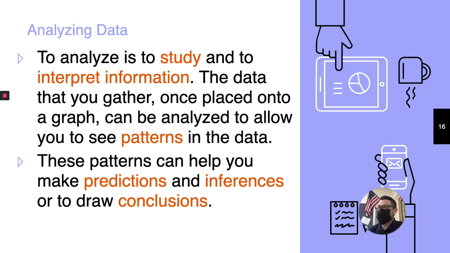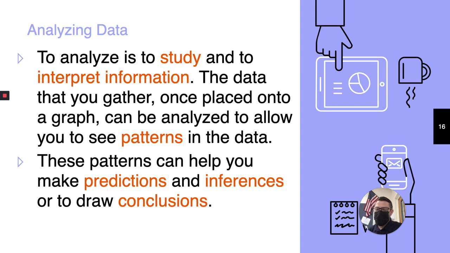Maybe we didn't measure in June. But we can use the patterns that we saw in that graph to guess at what happened in June for Jack and Barbara. So this is another useful thing that graphs can do for us, is that they can help us interpret the data and ask ourselves, well, what's going to happen next?